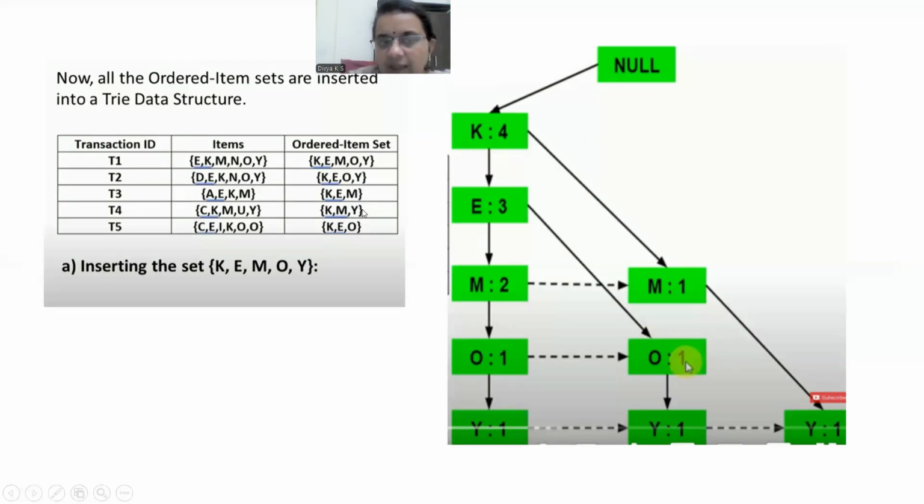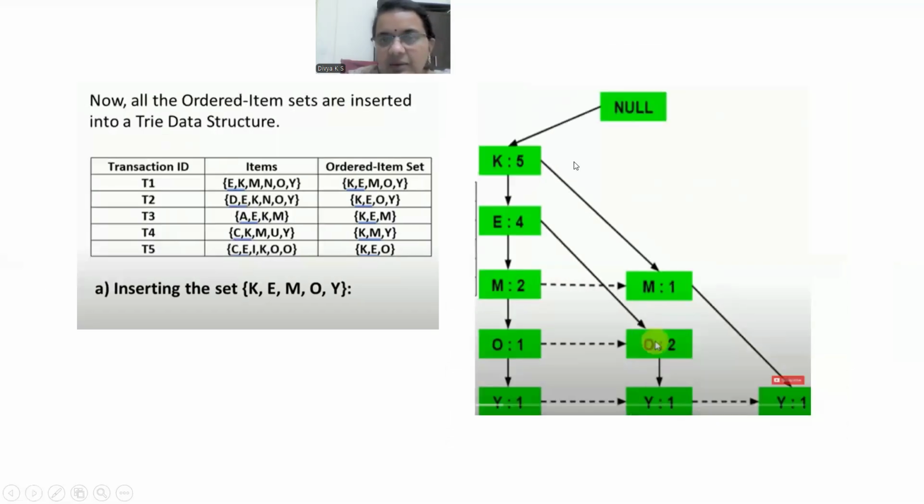This one. Next, KEO. Okay. So K will become 5. K will become 5 and E will become 4 and this O will become 2. This O, previously, second time we had no O here, that's why we can use this O. So this third will be K is equal to 5, E is equal to 4, O is equal to 2.